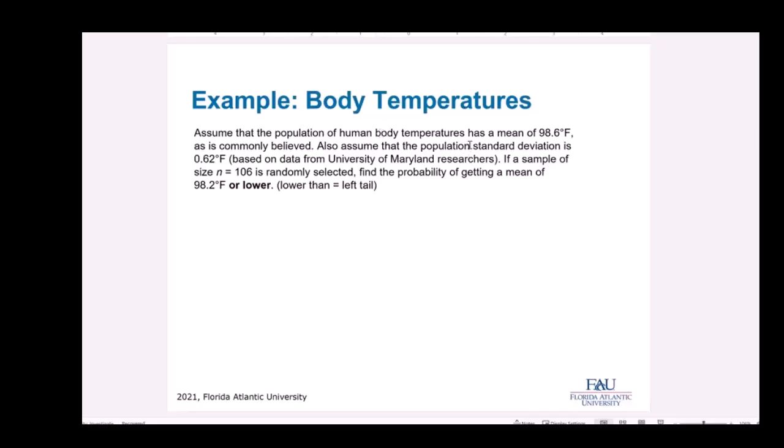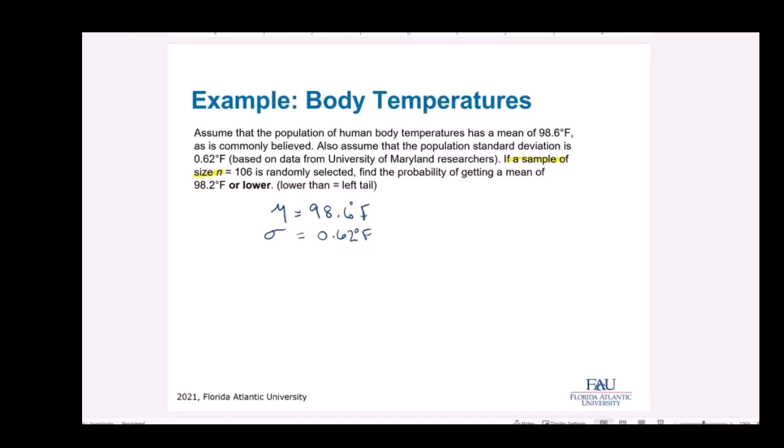Assume the population of human body temperatures has a mean of 98.6 degrees Fahrenheit, as is commonly believed. Also assume the population standard deviation, sigma, is equal to 0.62 degrees Fahrenheit, based on data from the University of Maryland researchers.